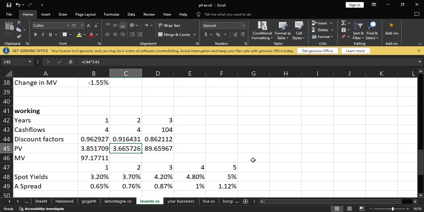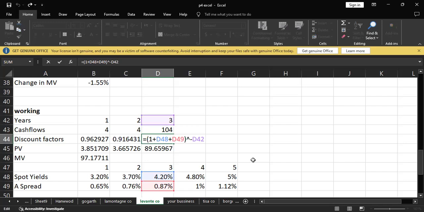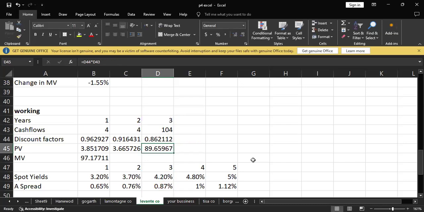Then for the last year, the third year, we again have 4.2 as the spot, and 0.87 was the spread, raised to power minus 3. So we have the discount factors accordingly.